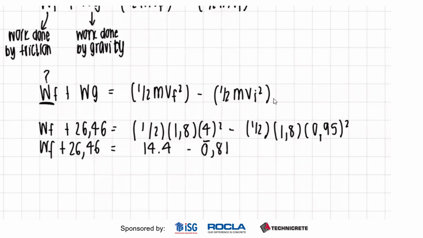And then we go 14.4 minus 0.81, which is 13.59.